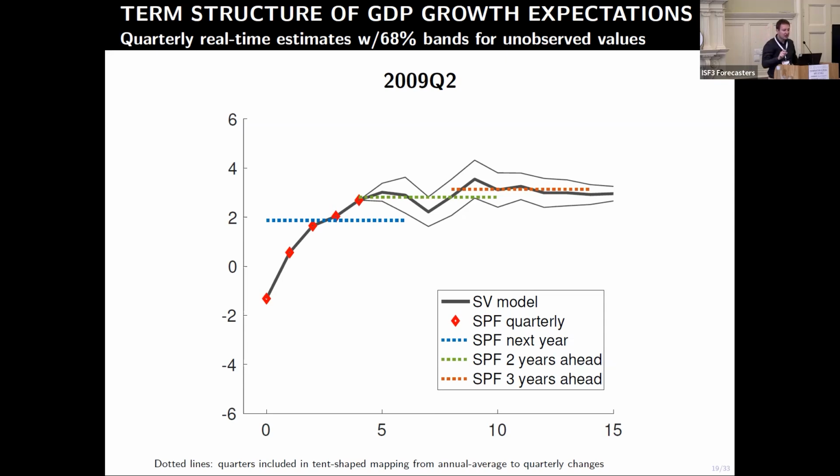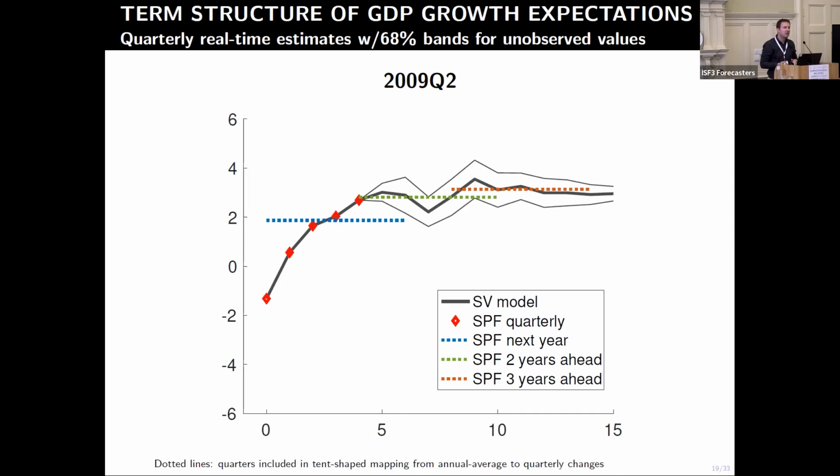So it's not like there is only information at 4 quarters out, but the model uses information also at longer horizons. And of course, if from 15 onwards we would show you the bands, those would keep increasing. But here it's not true that as you go to higher horizons, the bands would necessarily widen.